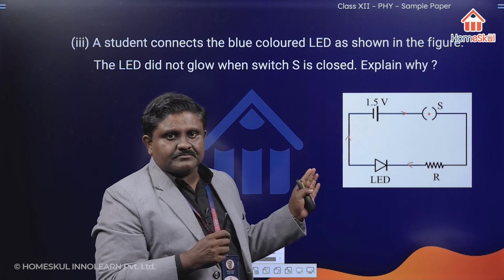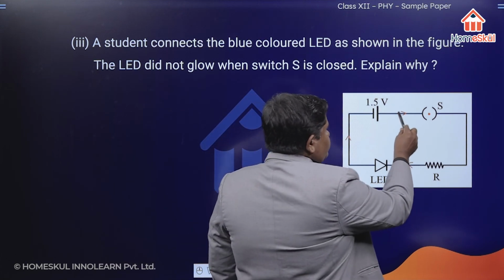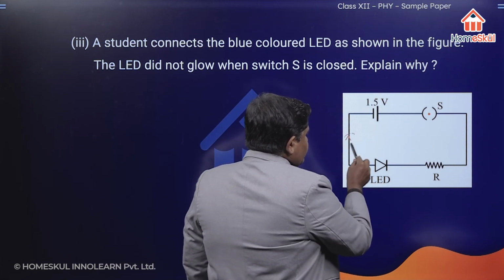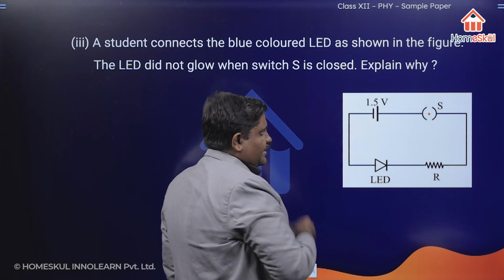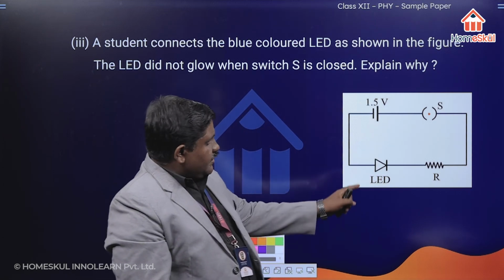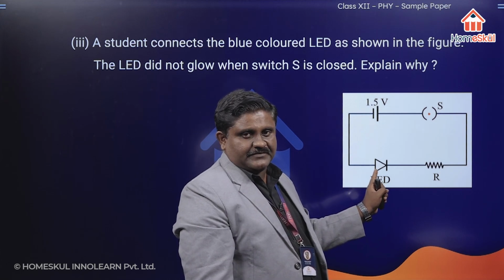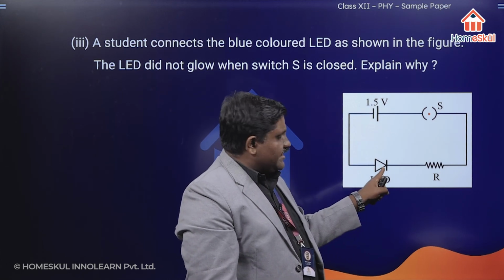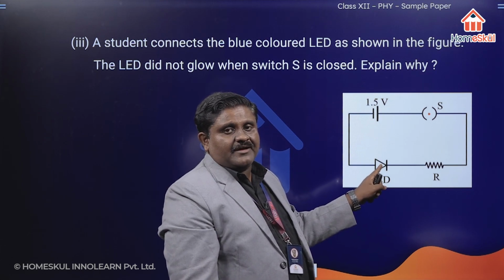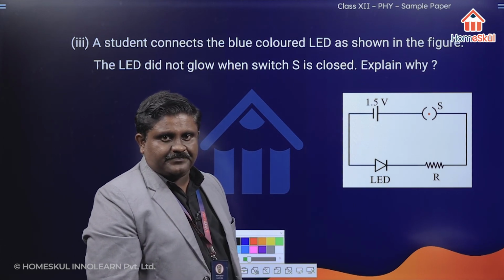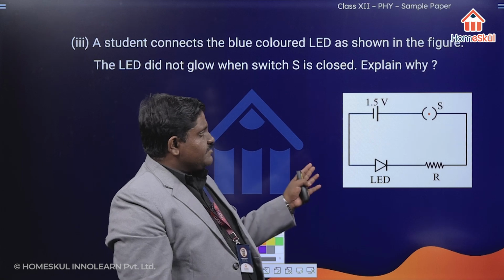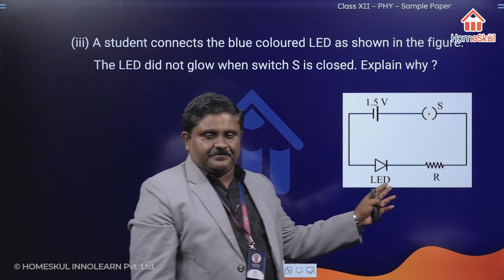Is this possible? No. Why? Because when we look at the biasing of this LED, the negative terminal of the battery is connected to the P side of the diode and positive is connected to the N side. That shows this diode is connected in reverse bias, so there is no flow of current.